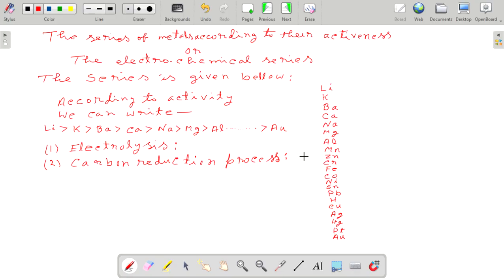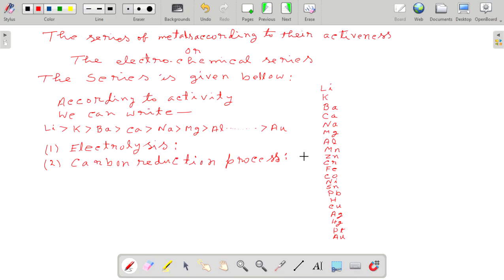What is the process? Carbon reduction process is also called smelting. It is used for metals less reactive than carbon, such as iron. In that case, this process is used to extract the metal.